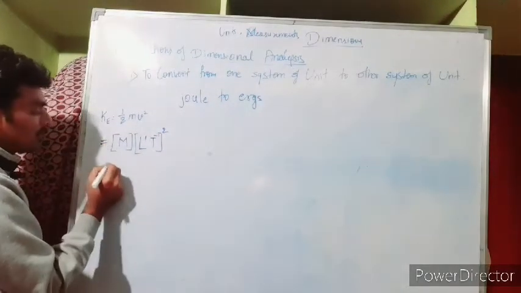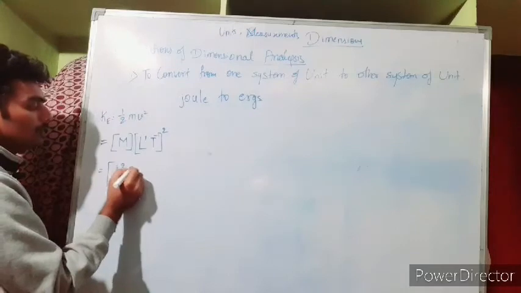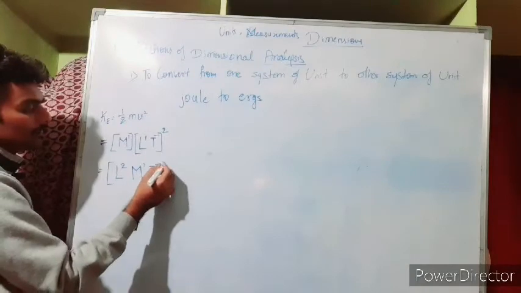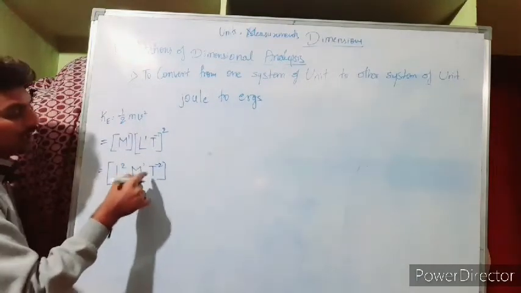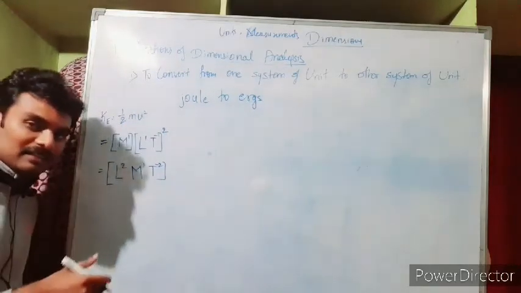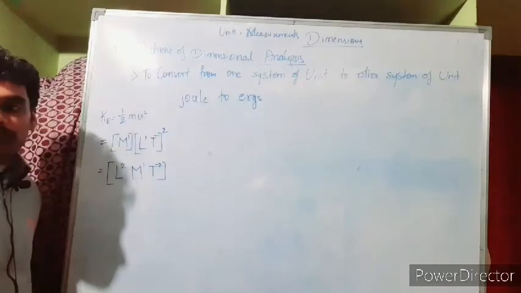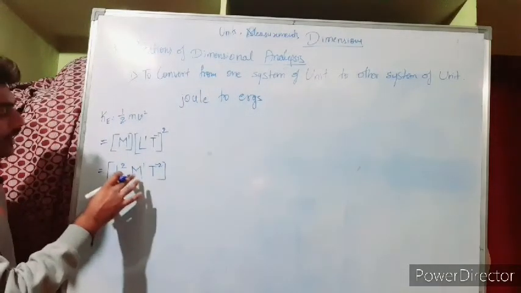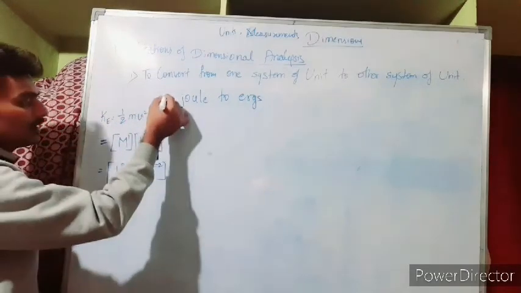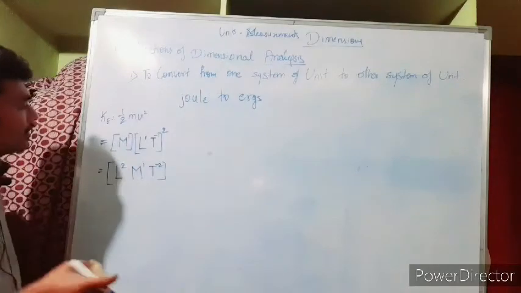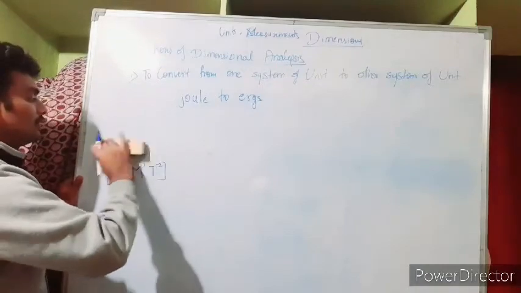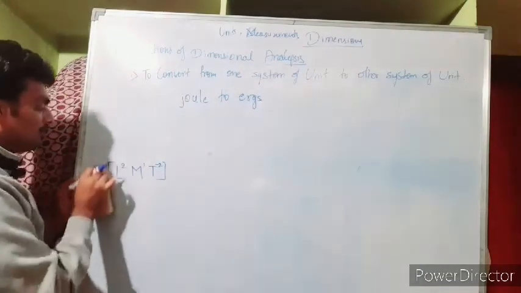So when I put them together, it is going to be L2 M1 T minus 2. L2 M1 T minus 2 is the dimension of kinetic energy, and hence dimension of energy, and hence dimension of work also. Keep that in mind. So we have derived the dimension of work and energy: L2 M1 T minus 2.